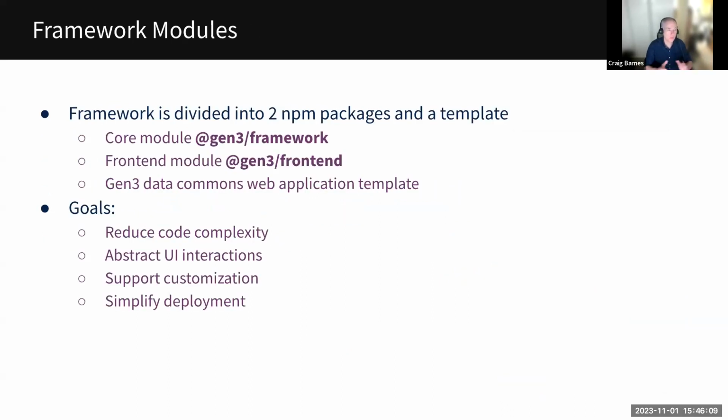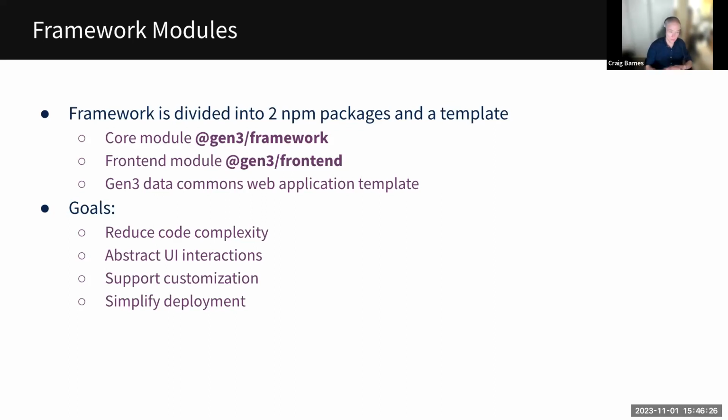So we divide the framework, as you know, into two modules. We have the core module, which is all the data access layers and where we maintain context. We call that Gen3 Framework. The front-end module contains the components and pages, and then, as I said, we have an application template.